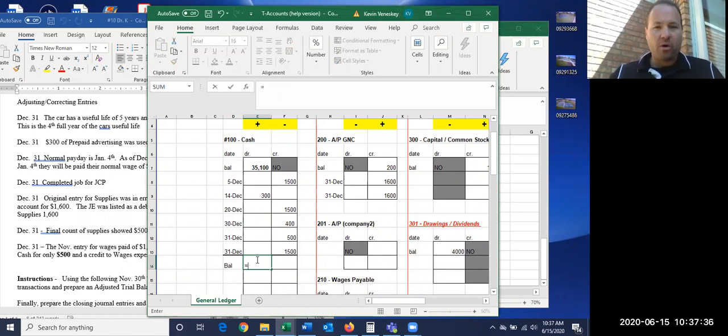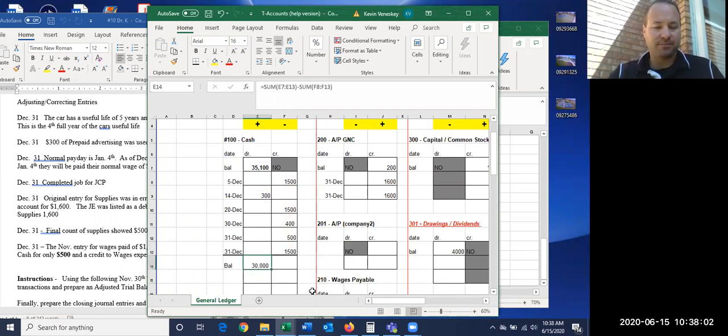If we have more than one number in a T account, we need to total it up. So what I think is the best way is simply take the sum of all of your plus numbers and then subtract out the sum of all of your credits, in this case, all the minus numbers. And that tells me I still have $30,000 cash as my ending balance.